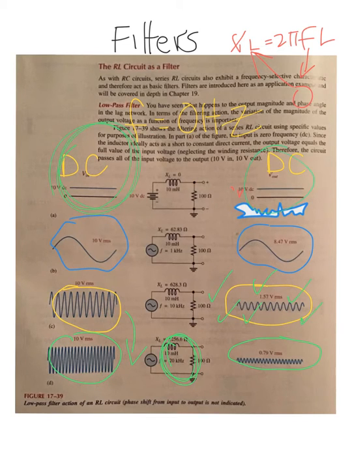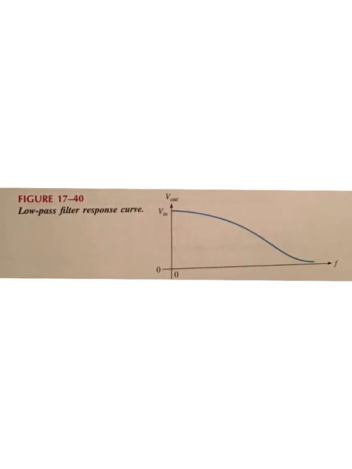We saw the DC signal complete in a picture like this. These are the frequencies, okay? And this filter right about here, it cuts off. We talked about it, the 0.707 point.